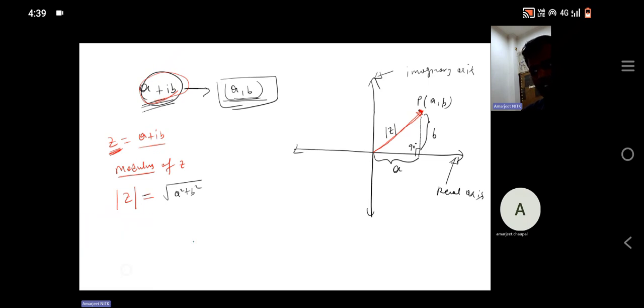And the angle between the radius vector and positive x-axis, suppose this is theta, then theta is nothing but the argument of complex number. Okay, argument of z, and you can write arg z is equal to theta.